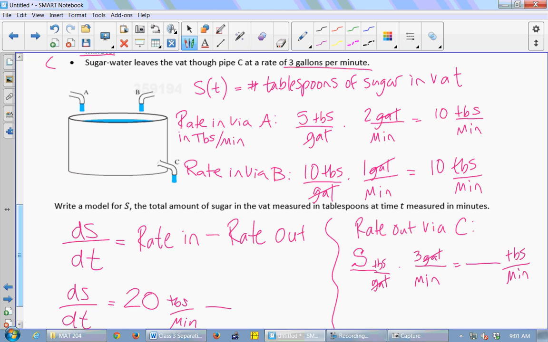In the vat, there are 100 gallons, so there's S tablespoons of sugar in 100 gallons of mixture. When I simplify that, I end up with 3S over 100 tablespoons per minute. So that becomes my rate out part of the differential equation.